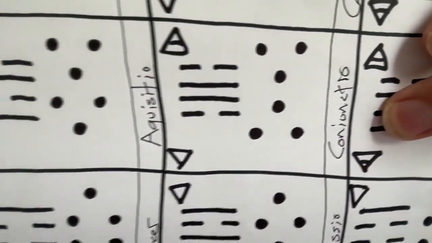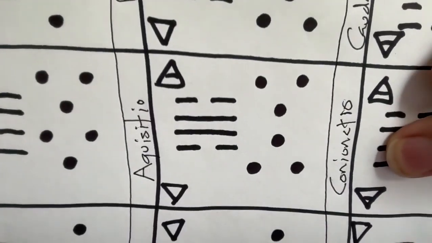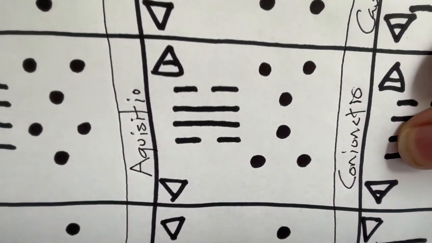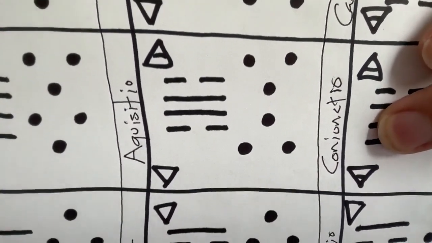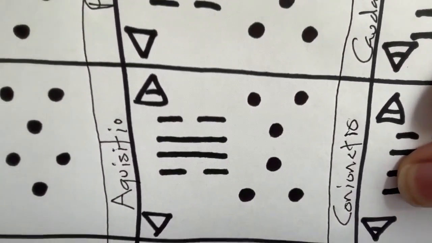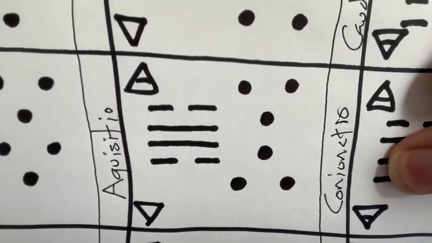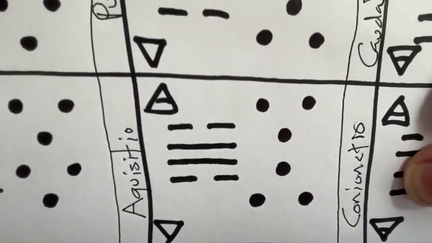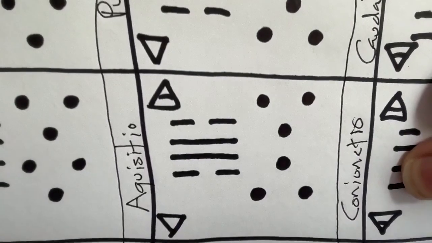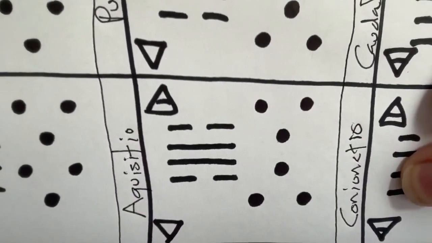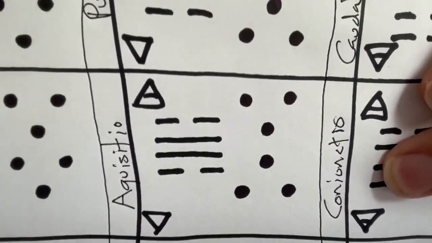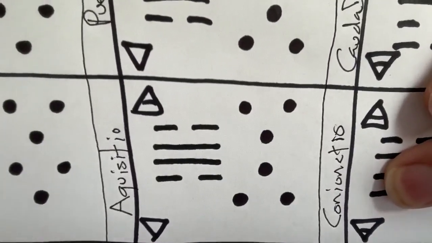But then here, we have Conjunctio, and that's the opposite, because you've got two yang lines as the center, and then it splays out, and that's kind of Conjunctio, because the two solid lines and two single dots conjunct right at the center. So that's air of water. And that would be the Prince of Cups.